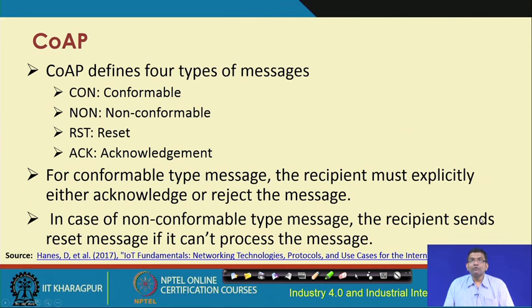CoAP defines 4 types of messages. One is the confirmable message, second is the non-confirmable message, RST is the reset message, and then you have the acknowledgement, the ACK message. For a confirmable type message, the recipient must explicitly either acknowledge or reject the message. So, some confirmation has to be received. In the case of a non-confirmable type message, the recipient sends the reset message if it cannot process the message.